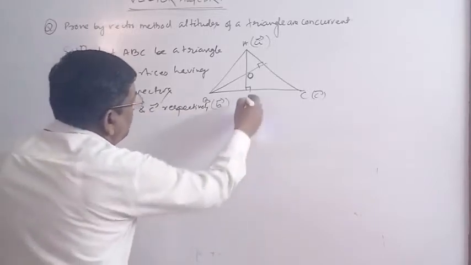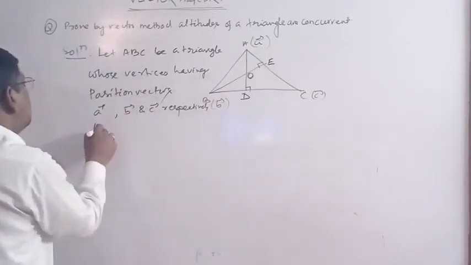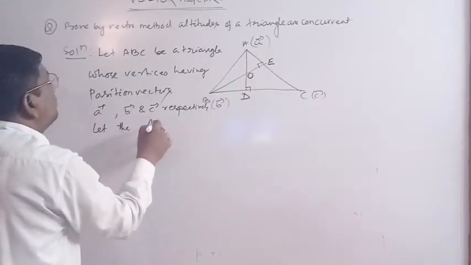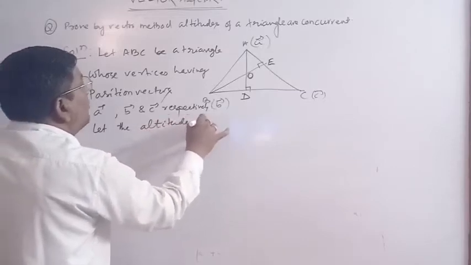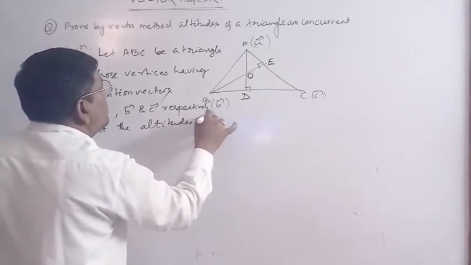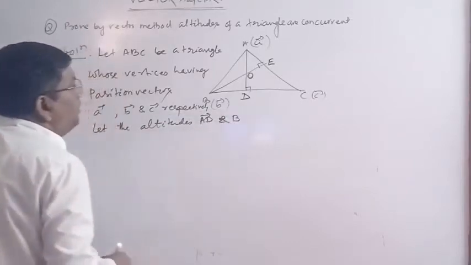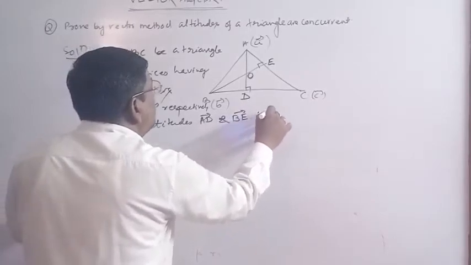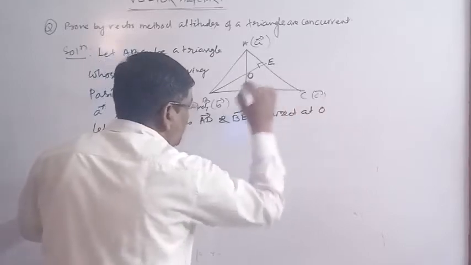Suppose this is D and this is E. Let the altitudes AD and BE intersect at the point O.